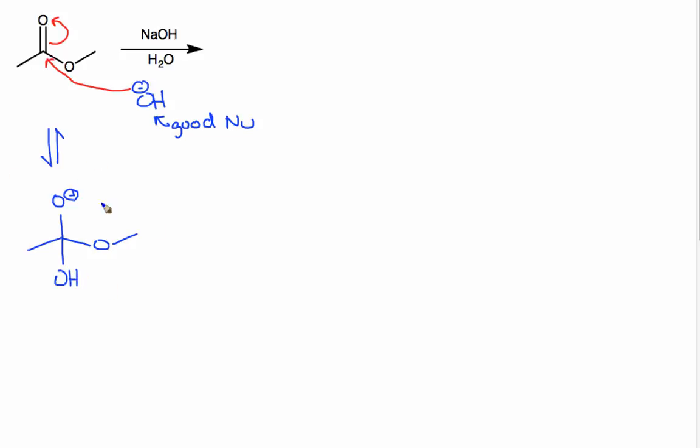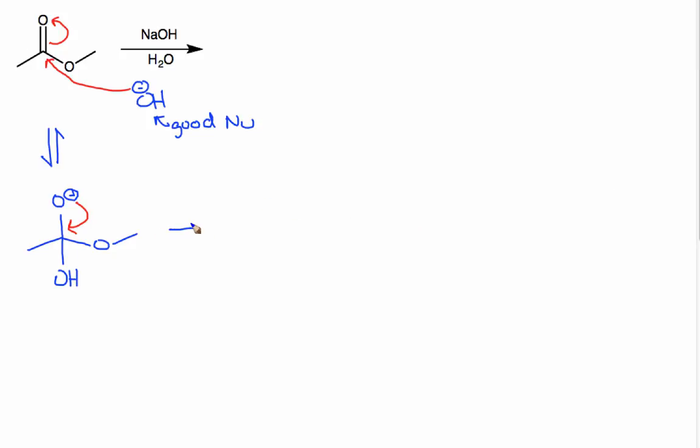So now I'm at this tetrahedral intermediate, and basically the OH and the methoxy group are equivalent leaving groups. So I can push that negative charge back down to reform my carbonyl.